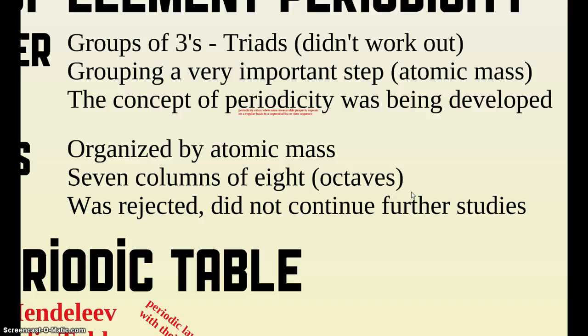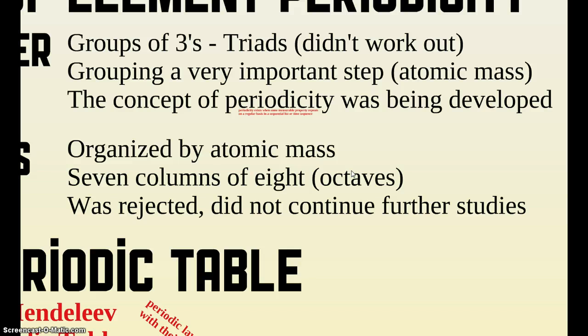There were 7 columns of 8 elements, and he was organizing by atomic mass, but people didn't like his idea because it involved relating science to music.